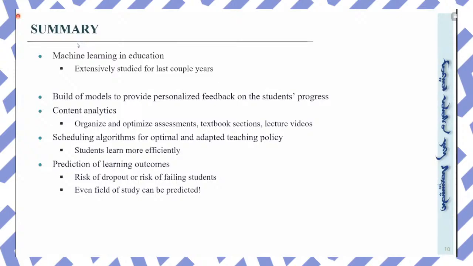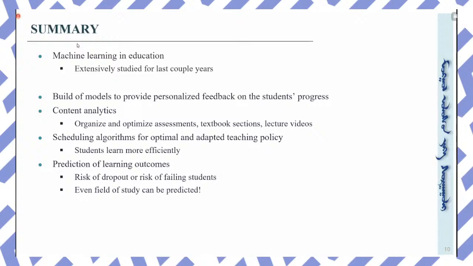As a summary, machine learning in education has been extensively studied over the last couple of years. It can be used for many learning processes and learning outcomes. For example, building models to provide personalized feedback on the student's progress, and content analytics, for example organizing and optimizing assessments, textbook sessions and lecture videos, and scheduling algorithms for optimal and adaptive teaching policy so that the students can learn more efficiently.